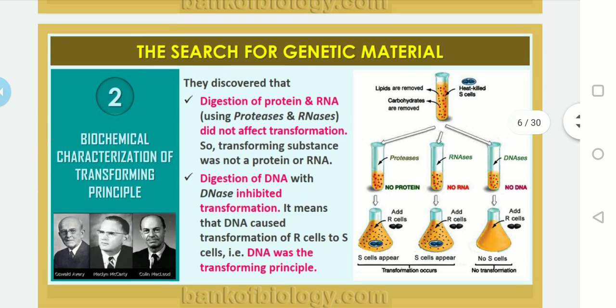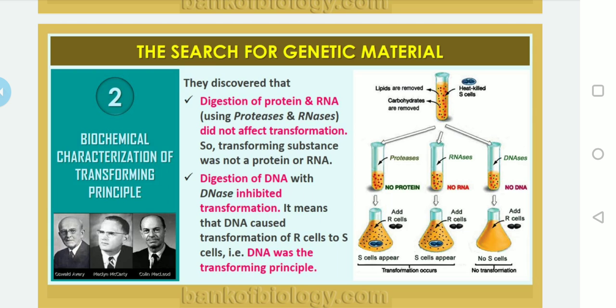And from the above experiment, what they identified: they discovered that the digestion of the protein and RNA using proteases and RNases, that means the enzymes, did not affect transformation.